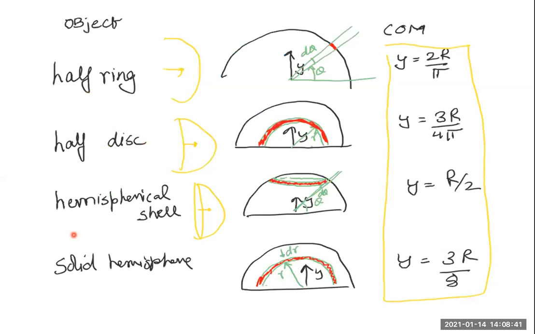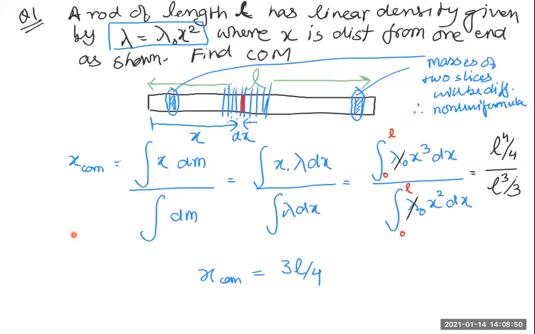So these four things you have to really keep in mind. Okay? Then we saw how to deal with objects which are non-uniform. There is no difference in dealing with non-uniform objects. All you have to do is carry out the integration properly. For linear objects, whether they are in a straight line or in a circle, remember that the element is a point object.